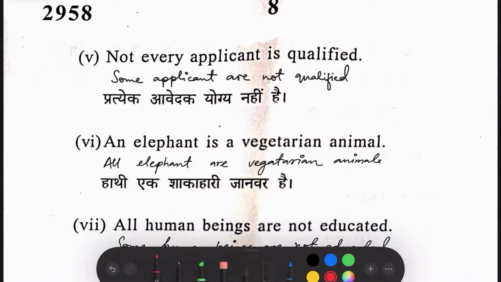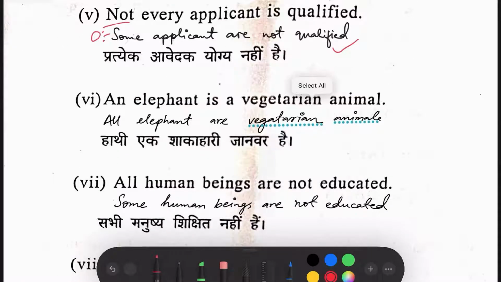Next is 'not every', meaning some, and 'not', which means it will change into an O proposition. Some applicants are not qualified. An elephant is a vegetarian animal. In this particular case we are talking about all the animals, like all the elephants, because all elephants are vegetarian.